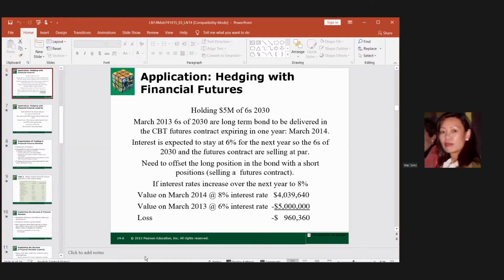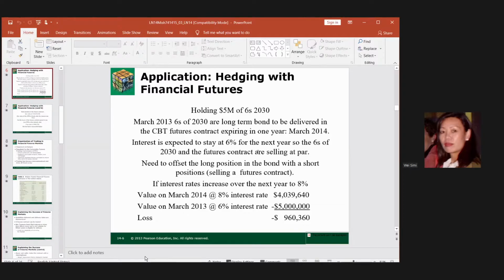Right now, assuming the interest rate is 6% and the coupon rate is 6%, the bond is selling at par at this moment when you get into the futures contract. For next year, the 6% coupon bond and the futures contract are selling at par. Because the interest rate in the market is 6% and the bond coupon is 6%, the bond is selling at par. So the futures contract right now is selling at par.